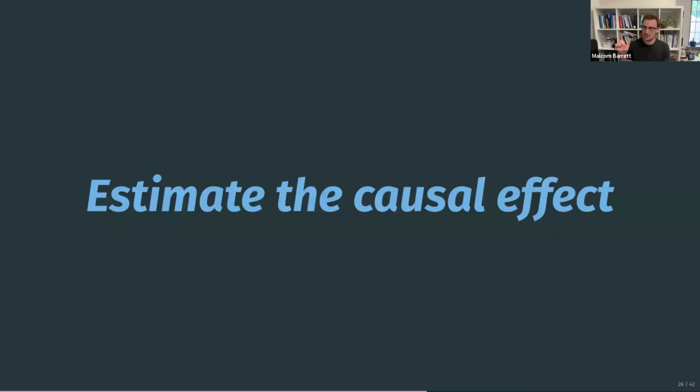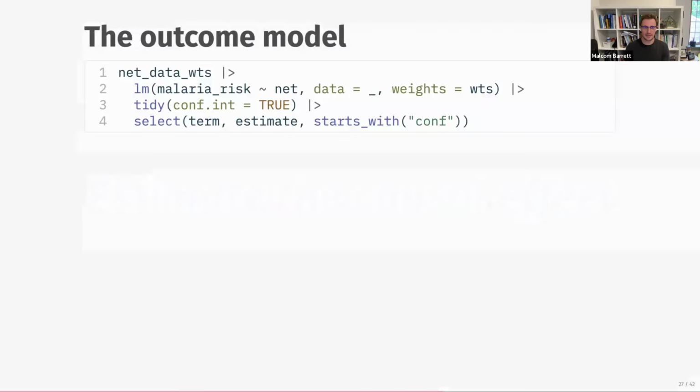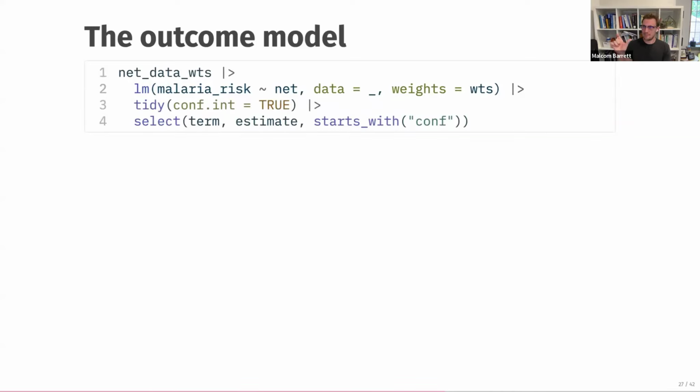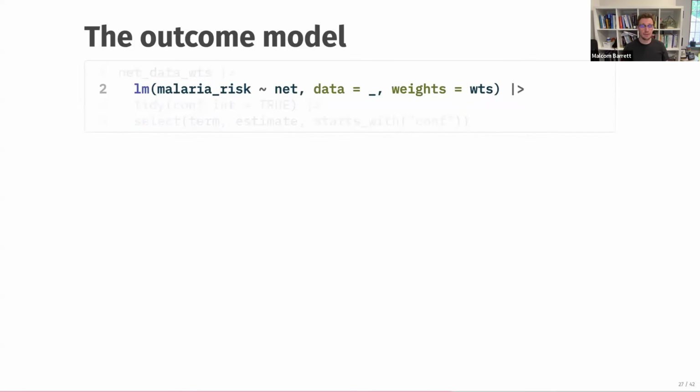So let's now take those weights and apply them to our model to estimate the causal effect. So the outcome model, we now have a data frame, by the way, that has the original data in it, as well as these weights that we estimated, which the variable name in this data set is called weights. The outcome model is actually pleasantly simple.